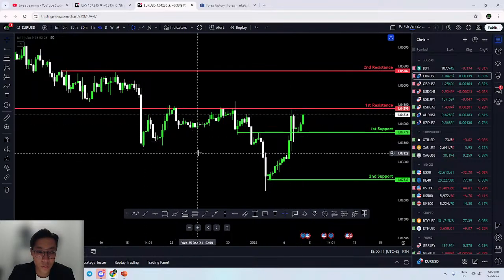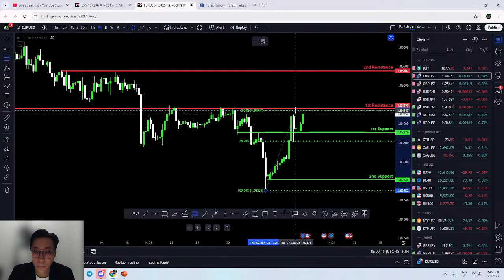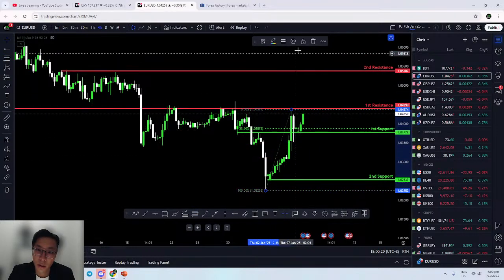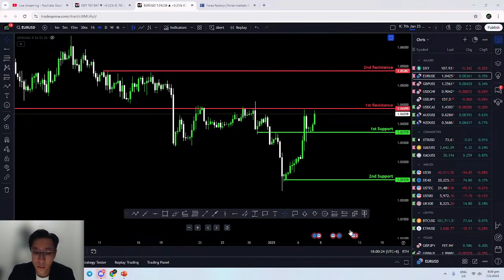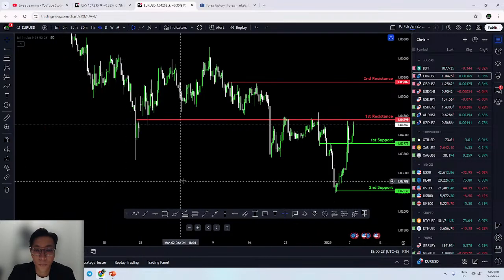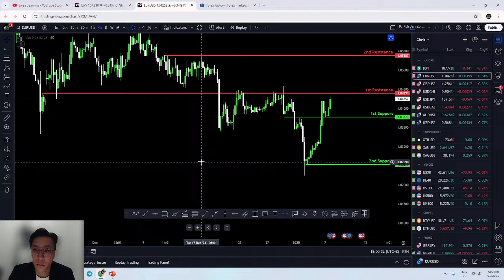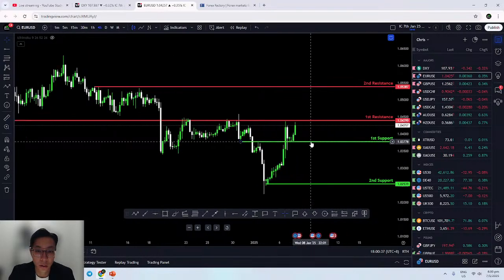I think it bounced off very nicely on the 38%. Is it 23? Yeah, close. This doesn't look very nice. Let's see. Price bounced off from here.